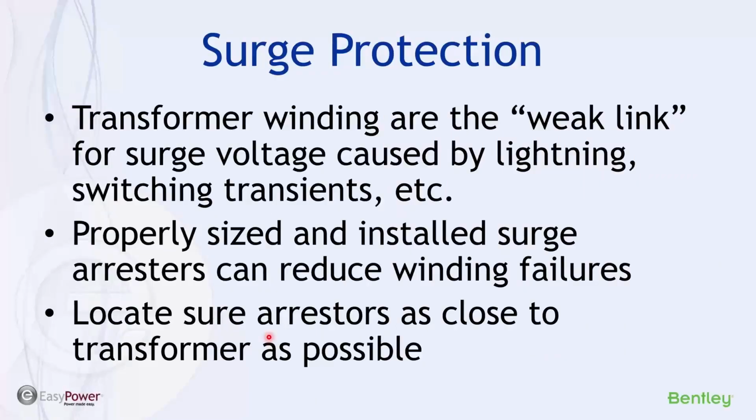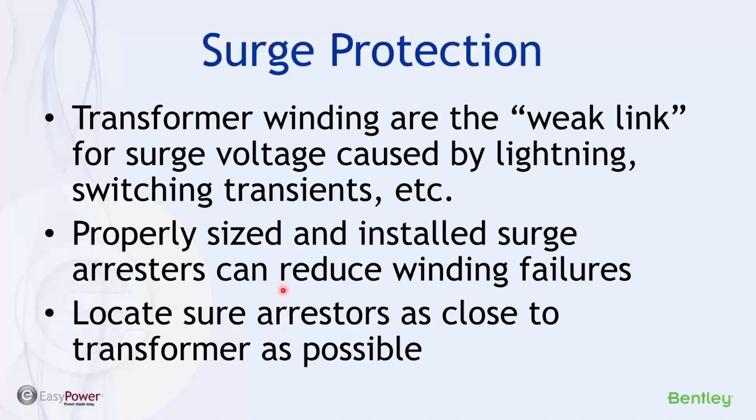So that gets to surge protection. Transformer windings are the weak link. This is because surges, or the cause of surges, like lightning or switching transients, can produce spikes that could impact winding to winding voltage differential.